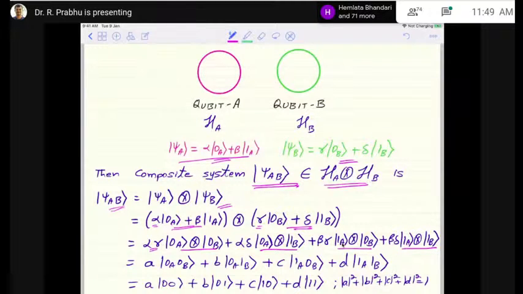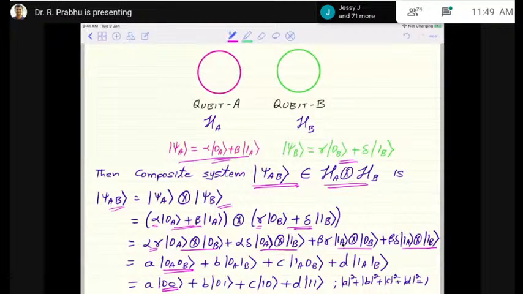So these four terms are there. Instead of writing this tensor product of two entities, we club together and rewrite in a new notation, that is |0_A 0_B>. I can rewrite it as |01>, |00> here.